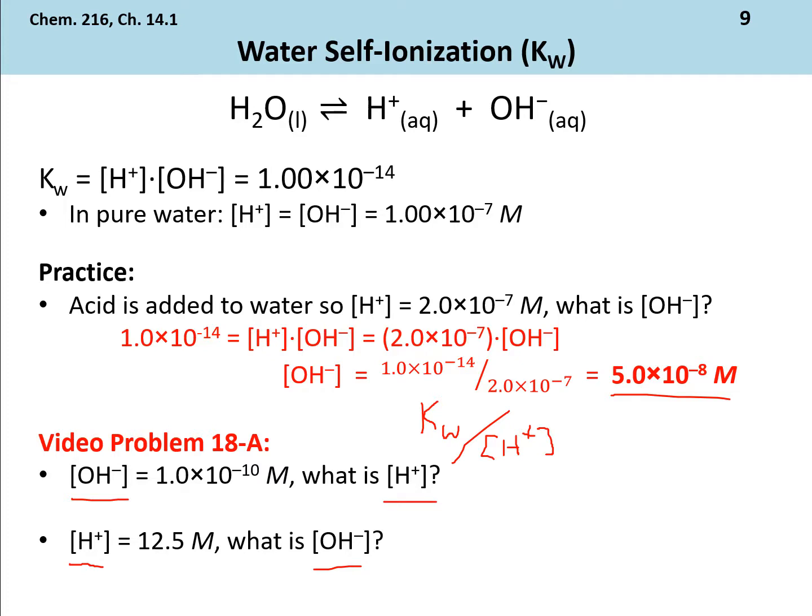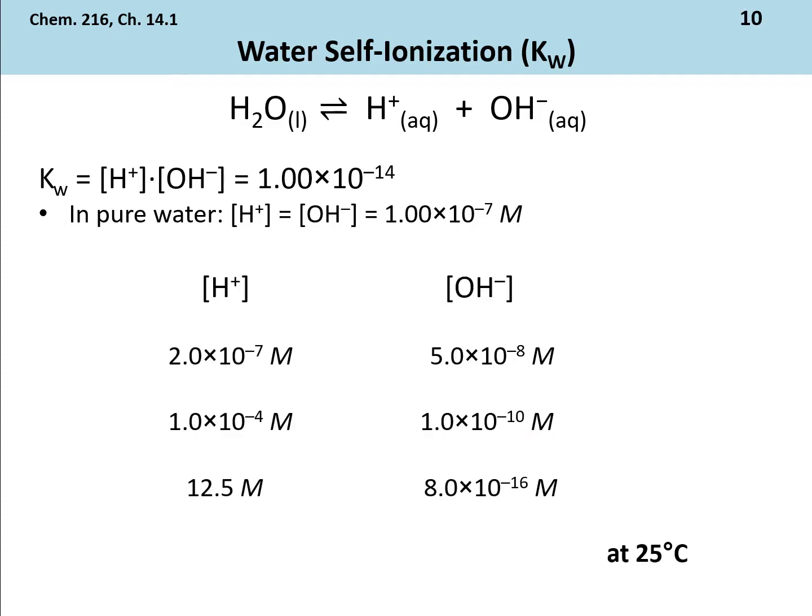If OH minus is 1 times 10 to the negative 10th, we end up with 1 times 10 to the minus 4th for H plus. And if H plus is 12.5 molar, we end up with 8 times 10 to the negative 16 molar for OH minus. H plus is on the left, OH minus on the right. This is what we did on the screen, and these are what you're going to do in those 2 problems.